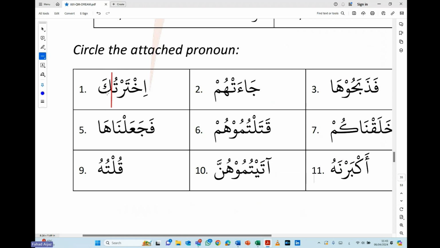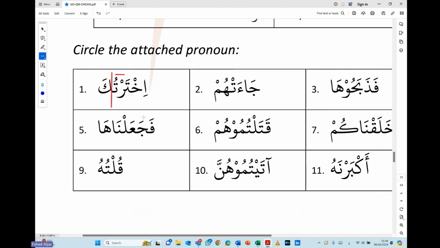So اخترت and ka, they're two different words, and I know اخترت maps to nasartu. Looking at the ending, it maps to nasartu, and I can produce the entire conjugation: اخترتَ، اخترتِ، اخترتما، اخترتم، اخترتن، اخترتُ أنا، اخترنا نحن.